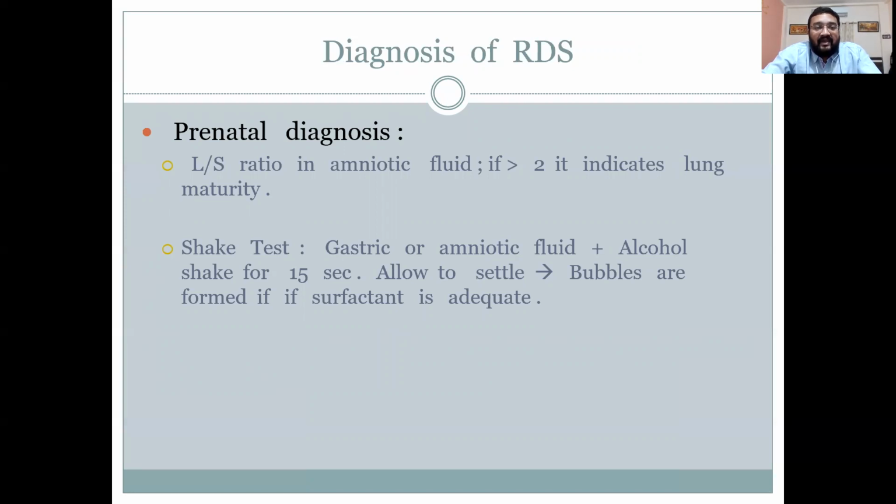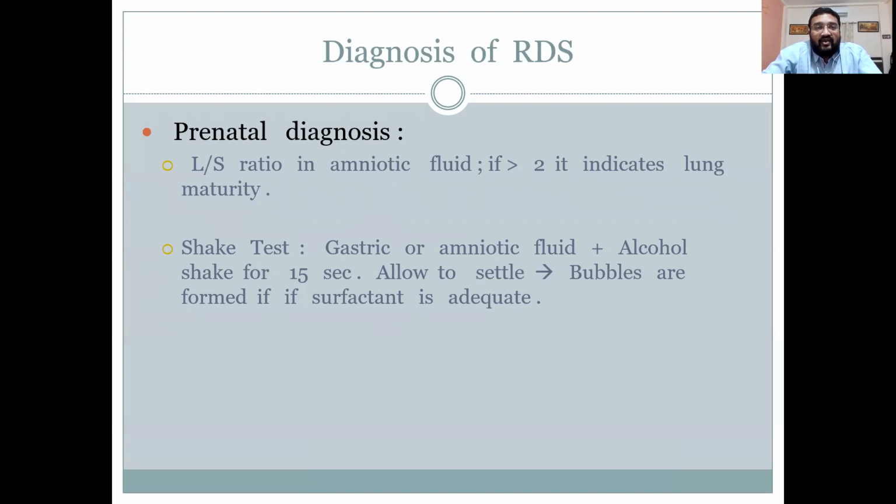Second test that can help in making prenatal diagnosis of RDS is the shake test. In this, gastric or amniotic fluid is mixed with alcohol solution and is shaken for 15 seconds. The solution is allowed to settle, and if bubbles are formed, it means surfactant is adequate. And if the bubbles are not formed on shaking the tubes, then it means that the newborn has deficiency of surfactant.